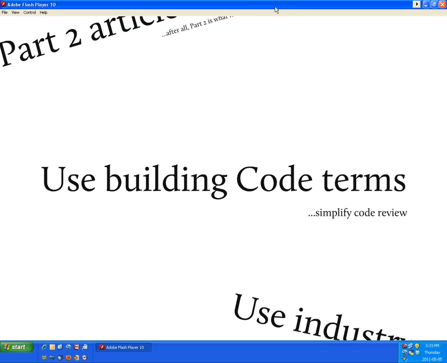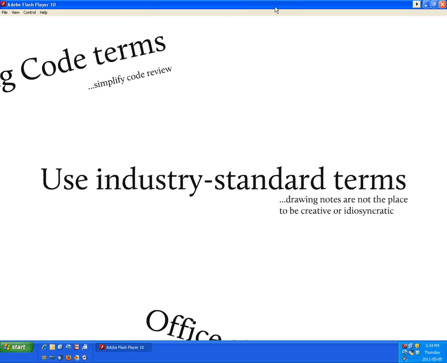So use building code terms instead of some idiosyncratic term that your drafters think up. Right, and that could certainly go a long ways to simplifying code review, because if the code reviewers are finding terms that they know from the code, they're going to understand the spec a little bit better and the drawings a little bit better. Yeah, it's one less nasty note that you get before you get your permit that you have to explain.